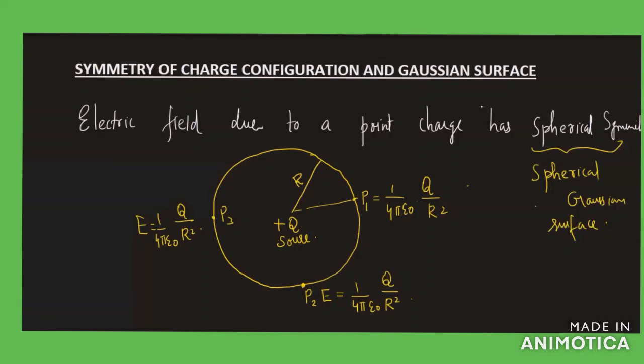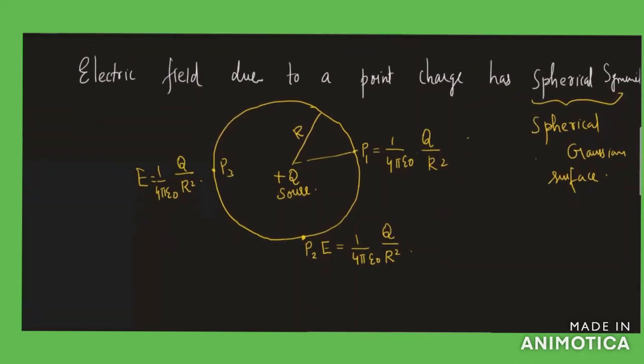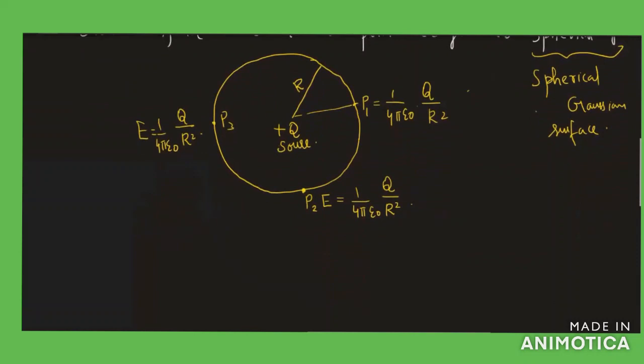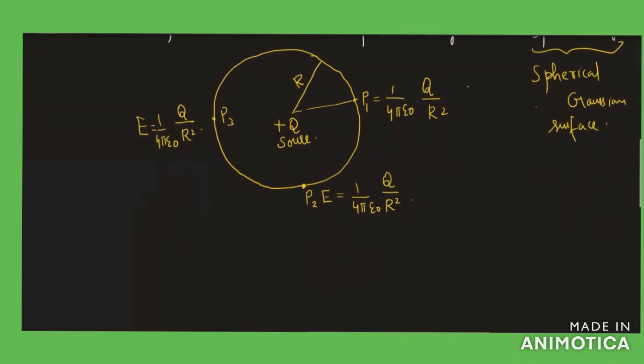So that is the advantage of knowing the symmetry of a charge configuration. A point charge has spherical symmetry. So if we need to find out the electric field due to a point charge at any point, we can select a spherical Gaussian surface with the charge at the center, which passes through the given point to apply Gauss theorem, which makes the mathematics simple.